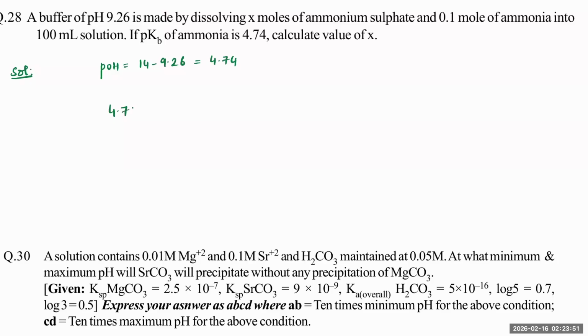And the formula you would be writing is pOH is equal to pKb plus log of salt ion concentration by base concentration. So pOH 4.74 is equal to 4.74 plus log of salt.